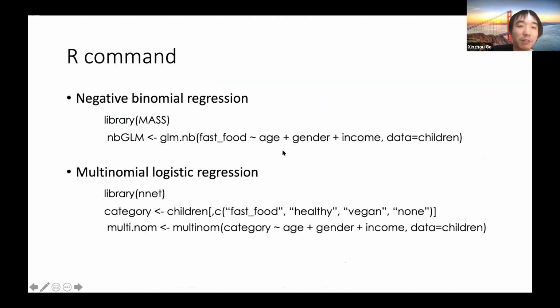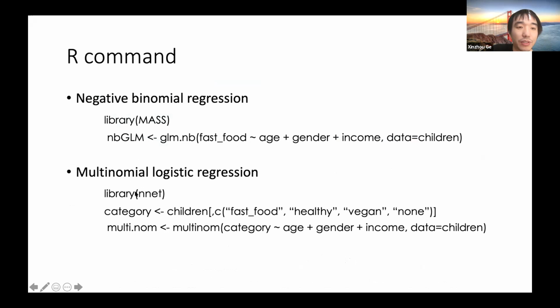And if you want to implement these models in R, here are the packages and functions for these models. For negative binomial regression, we can use the glm.nb function in the MASS library package, and this is the formula for the negative binomial regression.